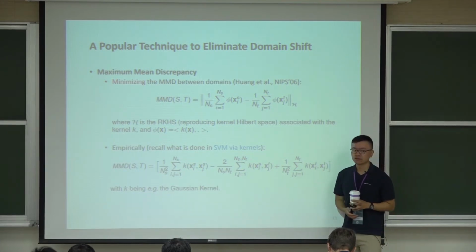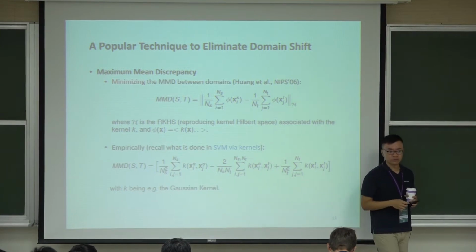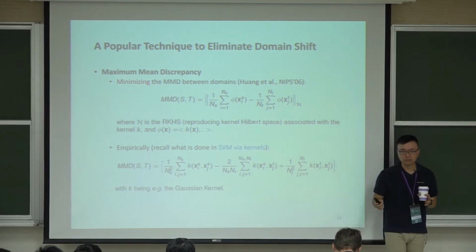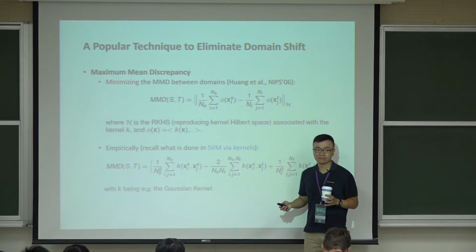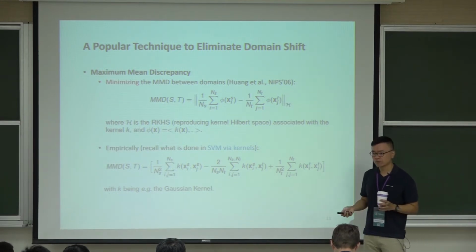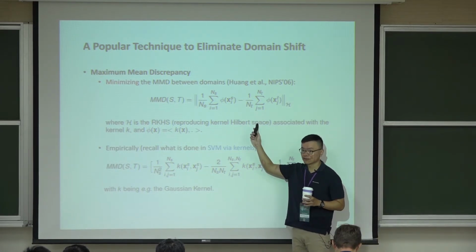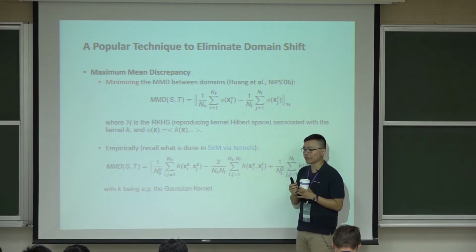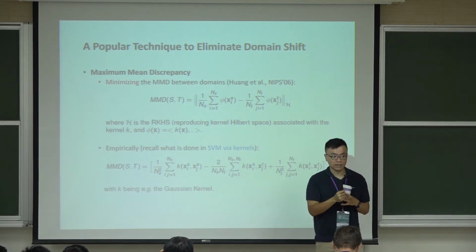So saying that, what is your idea? If you are a researcher in this field, what would you do next? If you know getting rid of the global mean difference would be good, what is your next idea? If we have some label information in the target domain, would you think, why don't we not only make the global means closer to each other, why don't we also make the class-wise means close to each other as well, right?